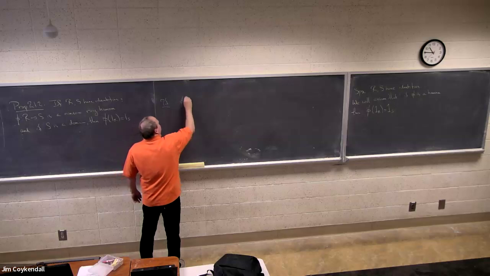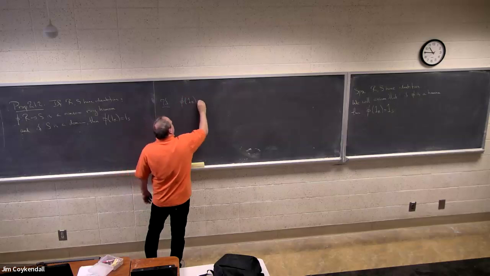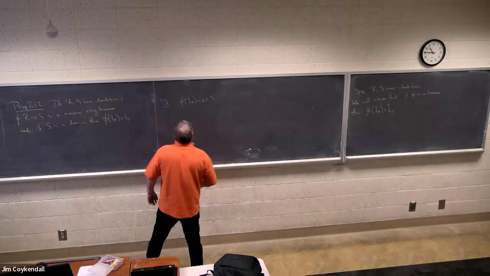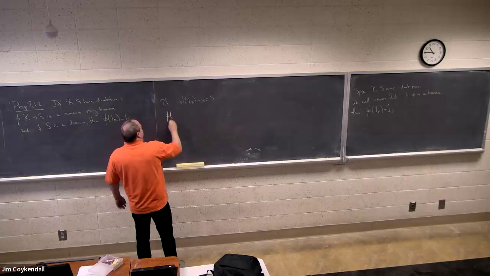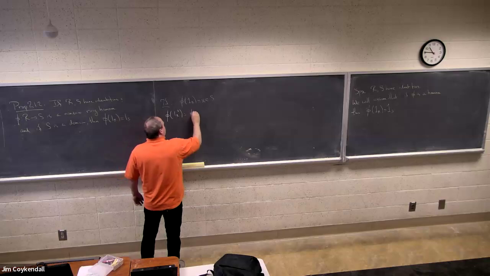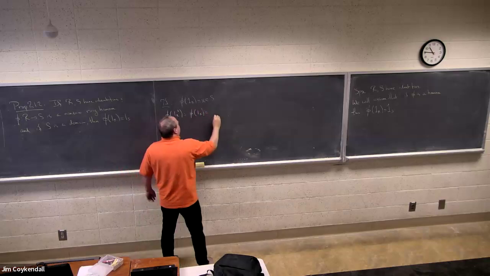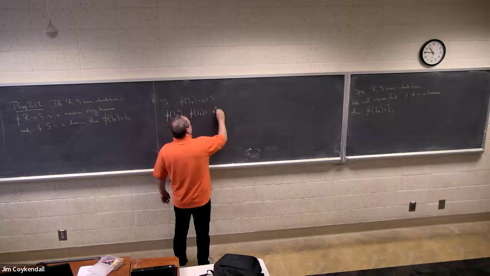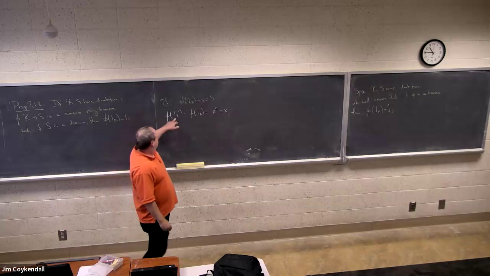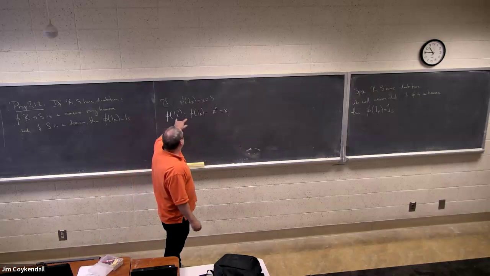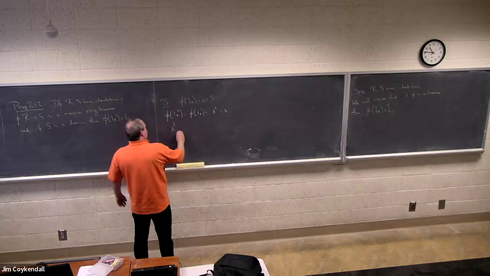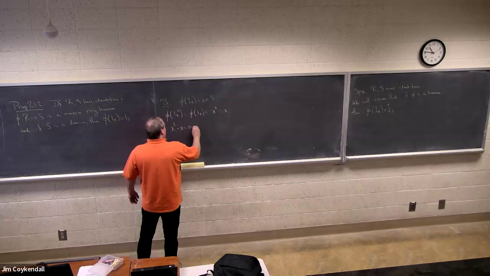Suppose phi is a homomorphism, so phi of the identity squared is phi of the identity. Call this x: x squared is x. So I get x squared minus x is 0.